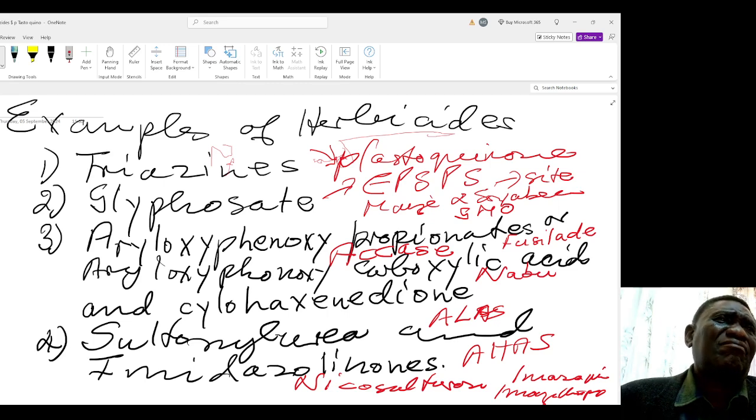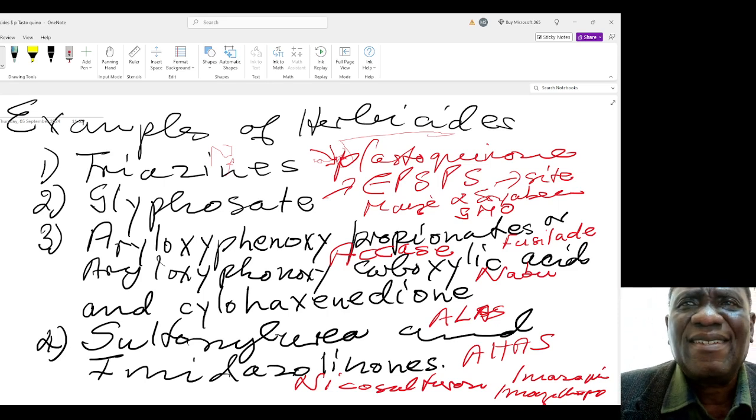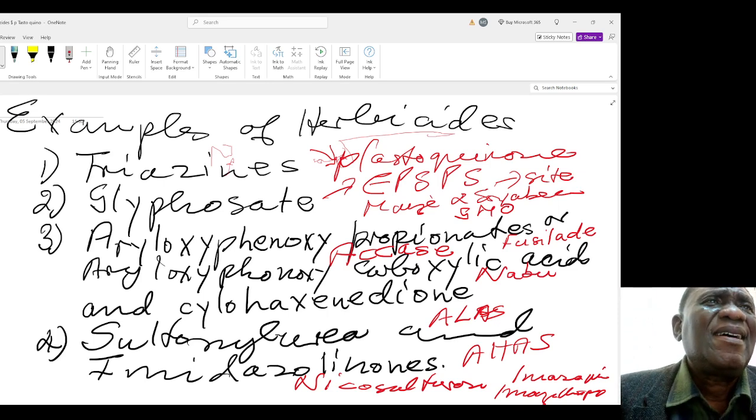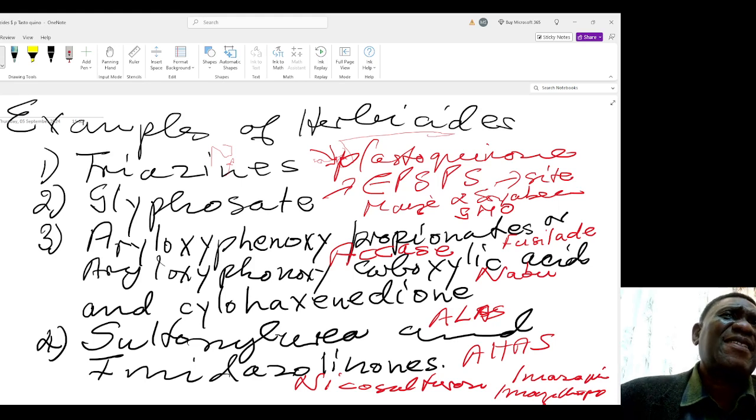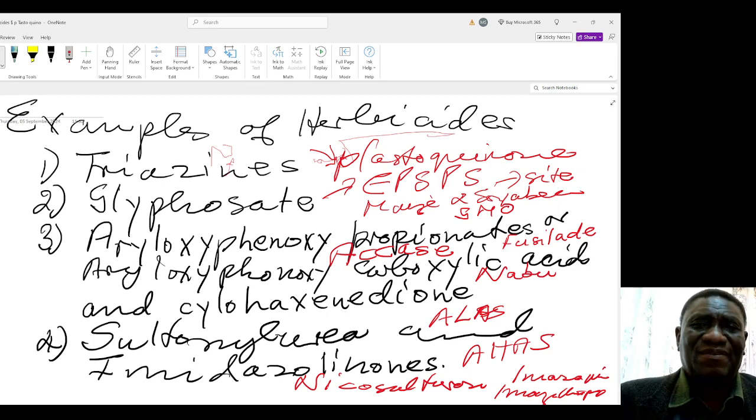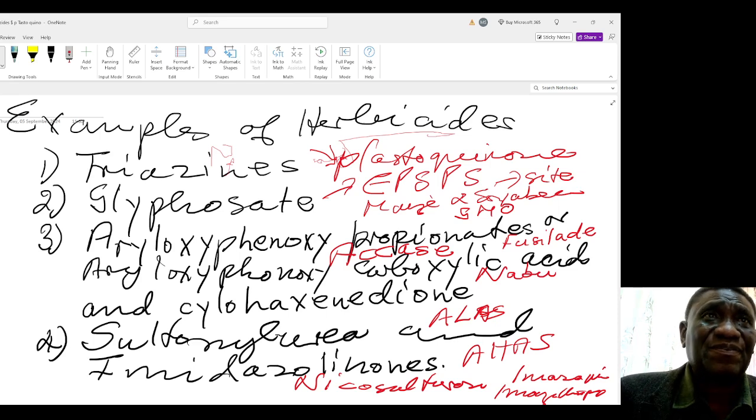So probably what you need to remember is that these herbicide families, the principle of selectivity is based on the enzyme. That is the issue here.